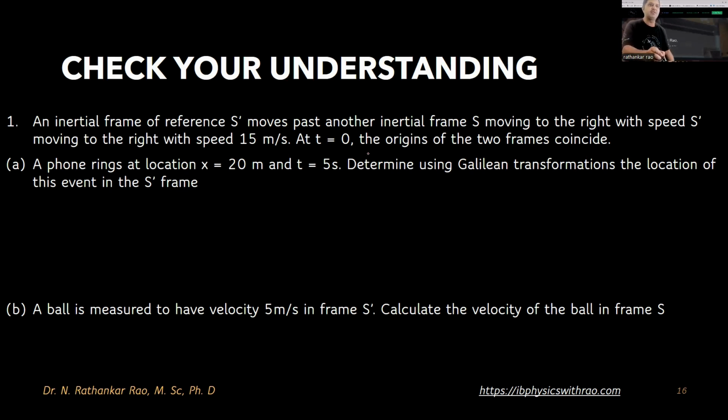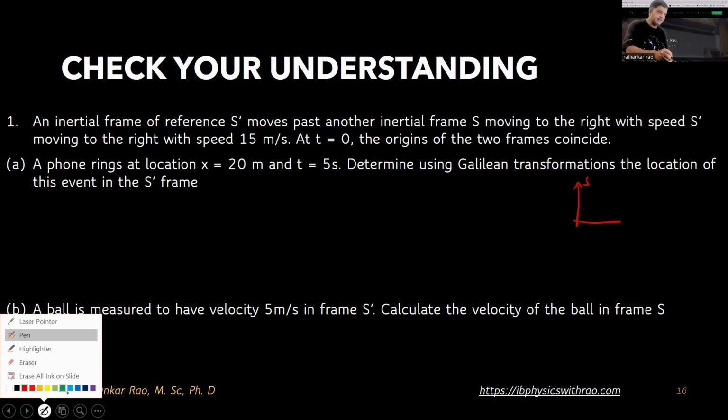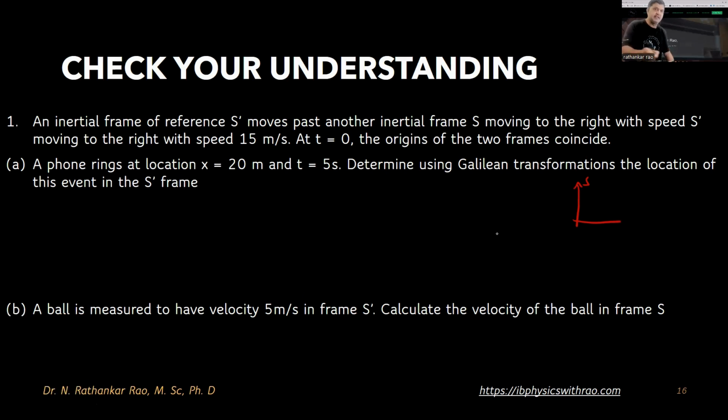At time t equal to 0, the origins of the two frames coincide, which means this is the origin of the S frame, and the S dash frame is here as well. I will represent S dash in blue color. So this is my S dash over here. Both the frames coincide at t equal to 0.